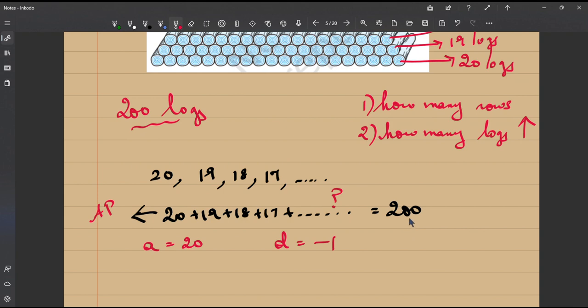We have already seen how to sum an arithmetic progression using the concept of average. We just take the first term and add the last term, find the average by dividing by 2, and multiply by the number of terms. This is how we found the sum of an arithmetic progression.